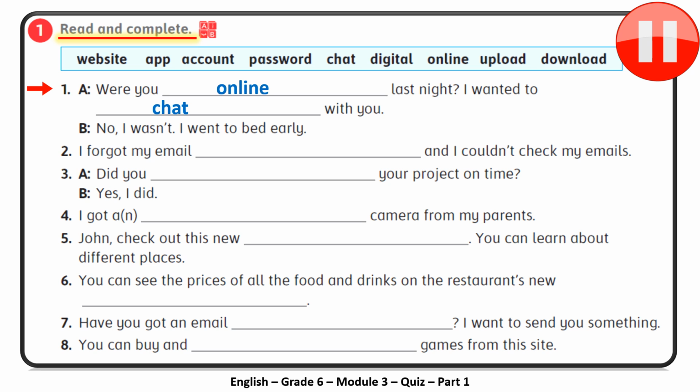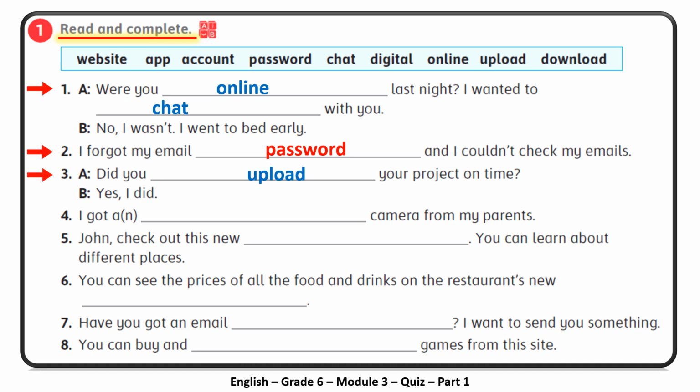Now it's your turn to pause the video till you finish filling in the remaining gaps using the words in the box. Back again to check. Number 2. I forgot my email, thank you, password, and I couldn't check my emails. Number 3. Did you upload your project on time? Yes, I did. Number 4. I got a digital camera from my parents.